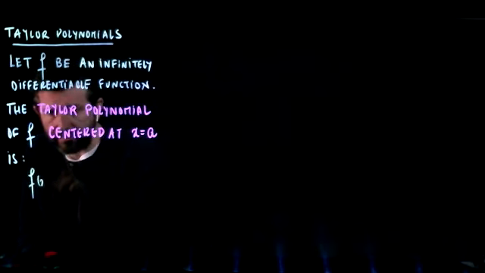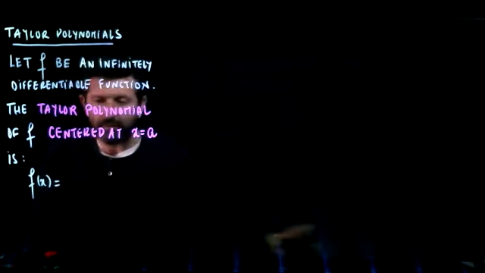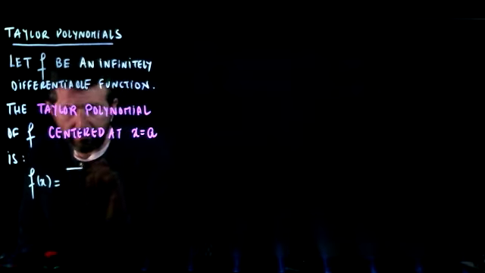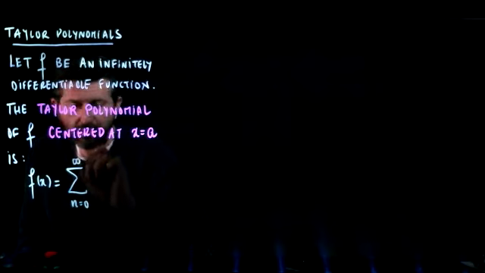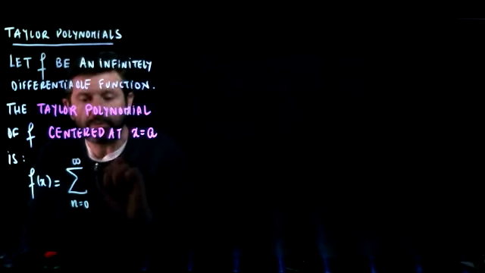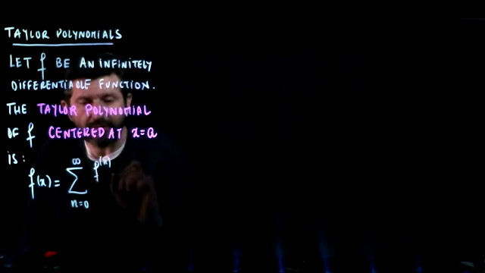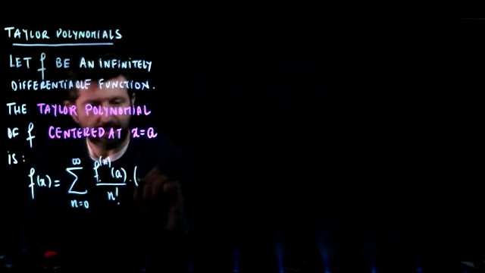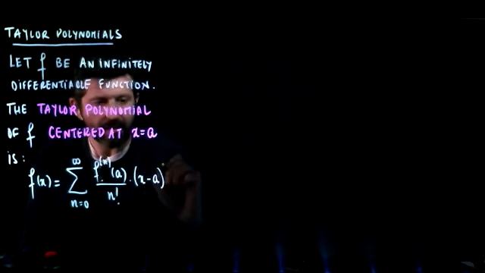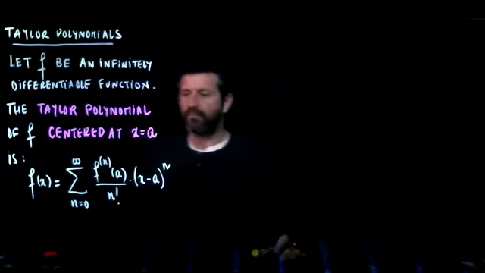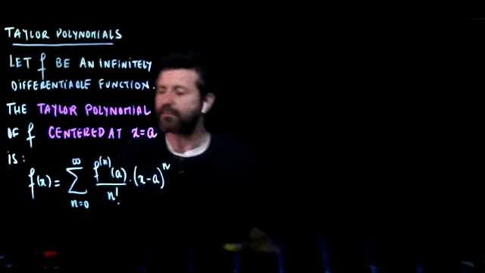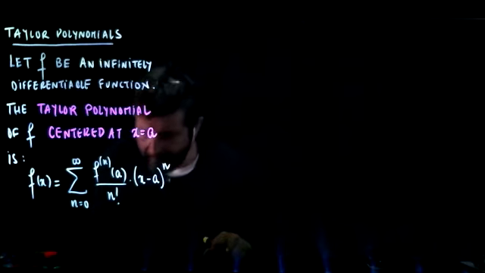So f of x is equal to this big sum that goes from n equals 0 to infinity of the nth derivative of f at a, because it's centered at a, divided by n factorial times (x minus a) power n. Okay, so it looks complicated, but you'll see that it's not.